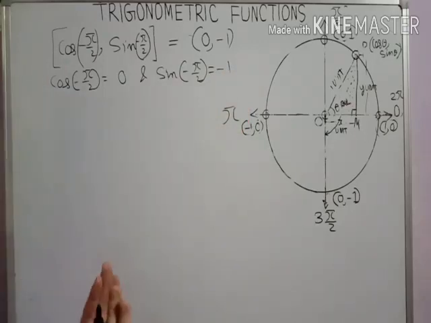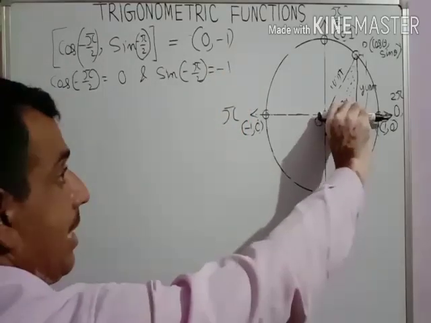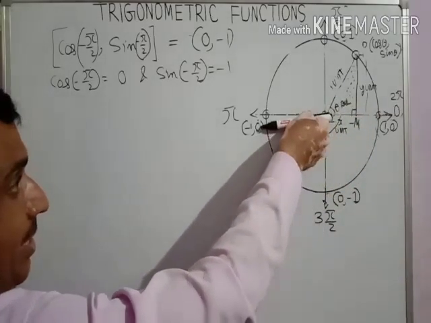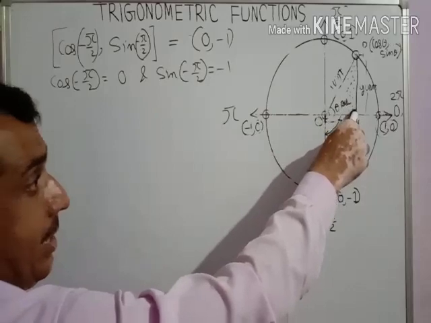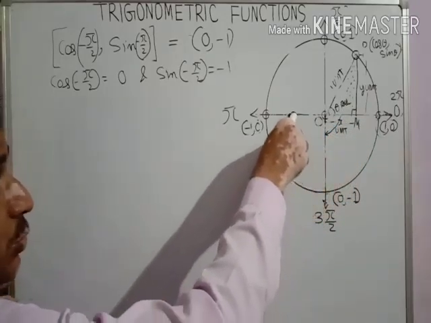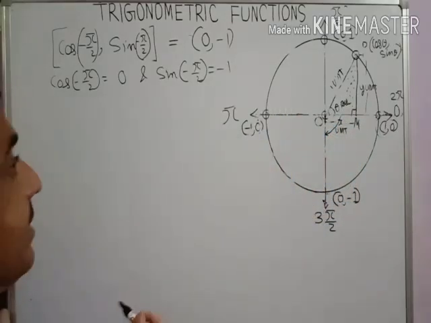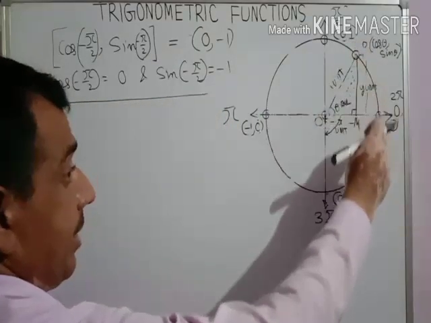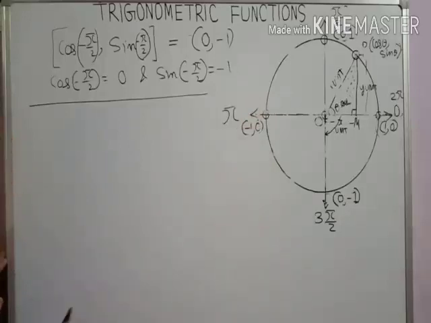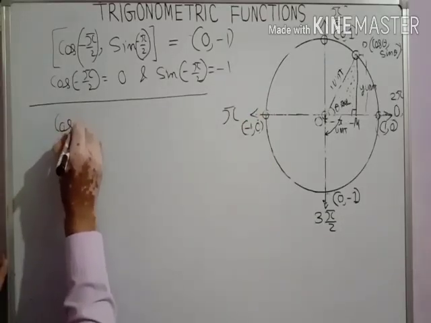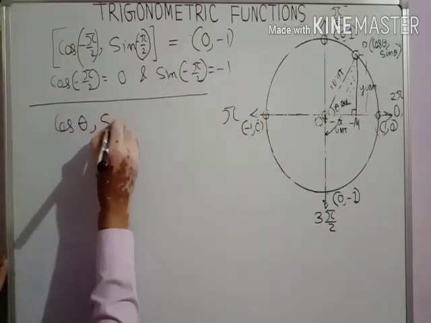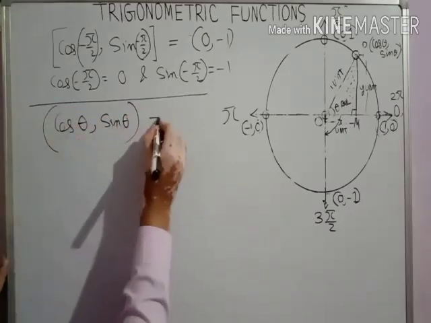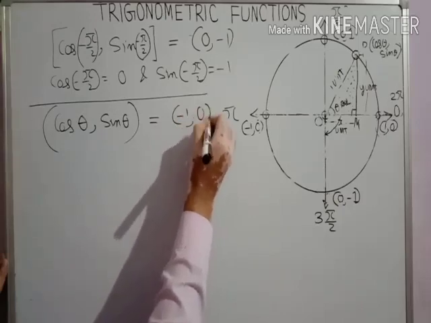So second, you visualize it, this line moves here and now it is moving this way and it stops here. It covered theta as minus 180 degrees or minus pi radians. And this point coincides with this point. I mean cos theta, sin theta equals minus 1, 0.